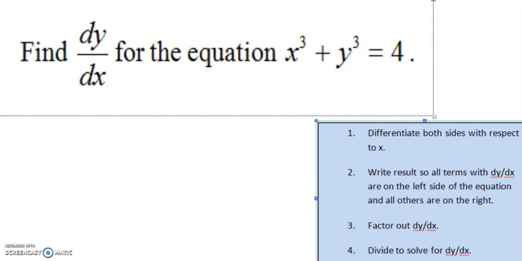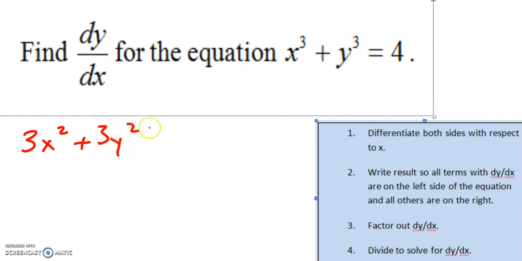The very first thing that we're going to do is differentiate both sides with respect to x. We're going to differentiate x cubed, so that's going to be 3x squared. Plus, now differentiate y to the third. Again, bring the 3 down, the inside squared.